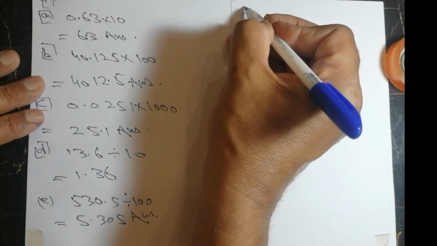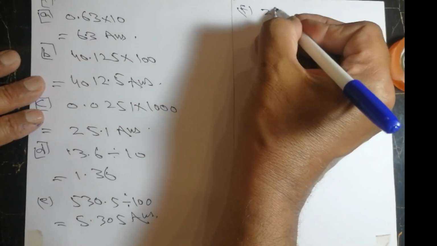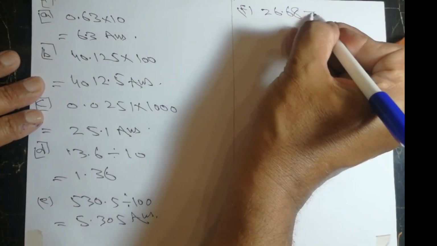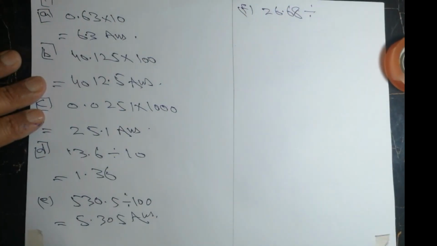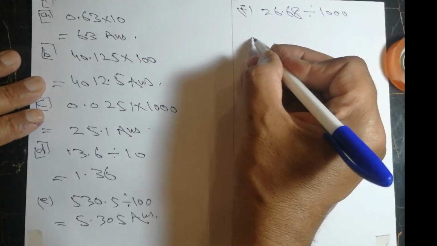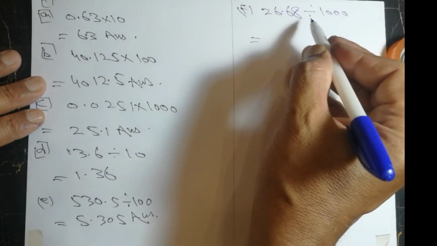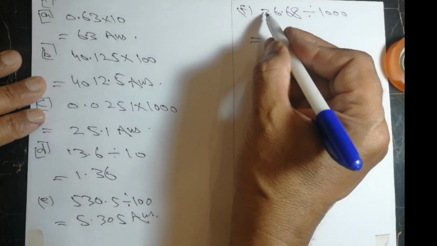Part F is 26.68 divided by 1000. So the decimal will move towards the left. 1, 2.